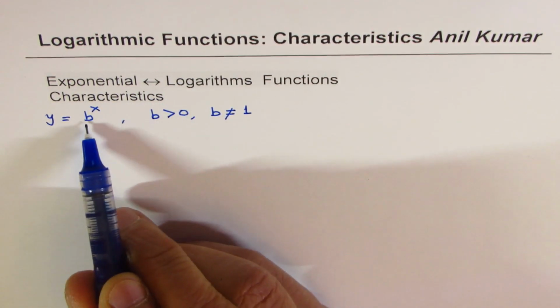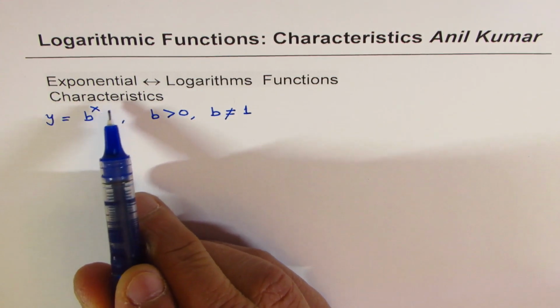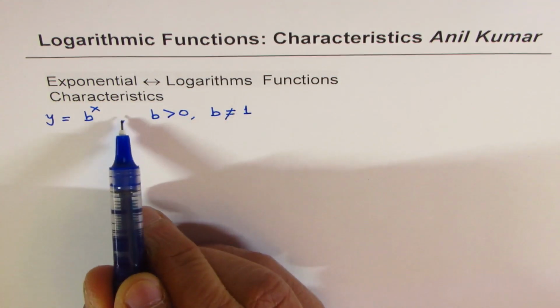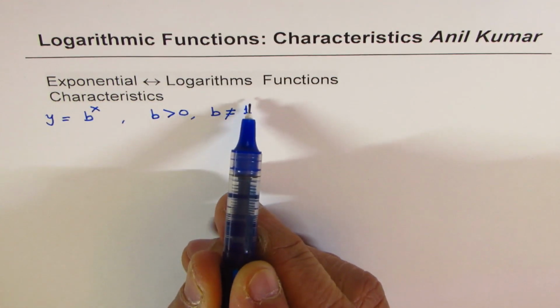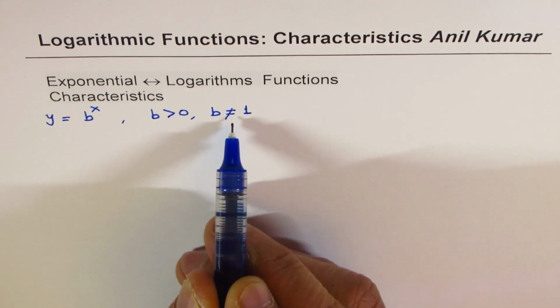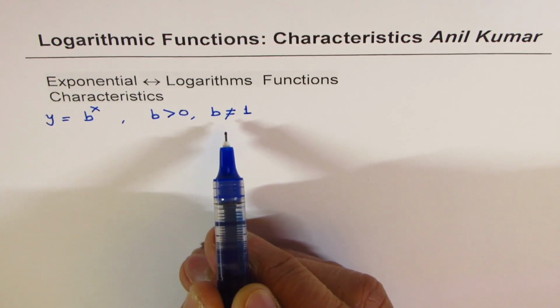Negative to the power of even is positive, negative to the power of odd is negative, so we'll not have a continuous graph. And if b equals 1, we'll have a horizontal line. 1 to the power of anything is just 1. So we don't have exponential growth or exponential decay. I hope this is very clear.